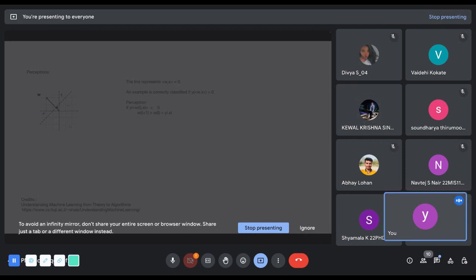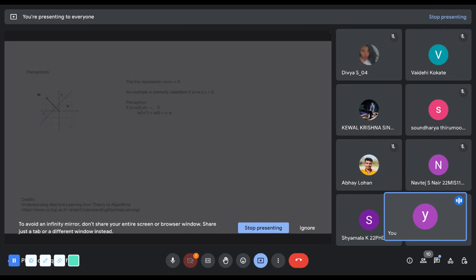This makes an acute angle, right, less than 90 degrees. So your dot product is positive for this example, right? And let's say this is labeled as plus one. So now when we multiply this y times w transpose x, it is positive.